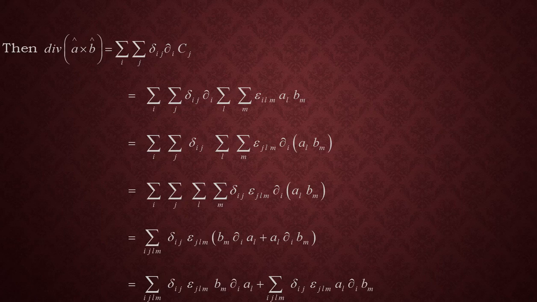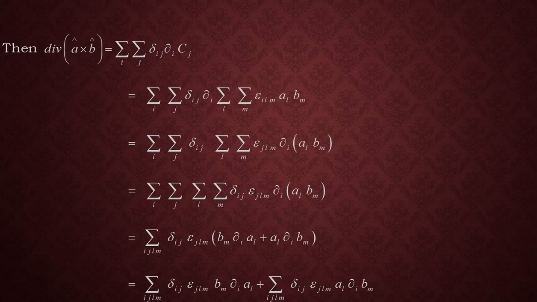Then the representation takes the form divergence of A cap cross B cap equals sigma over I sigma over j delta suffix ij sigma over L sigma over M epsilon suffix JLM times BM dou I AL plus AL dou I BM.